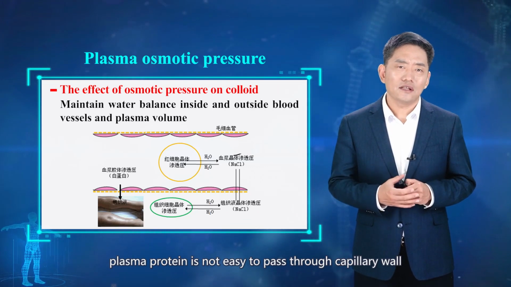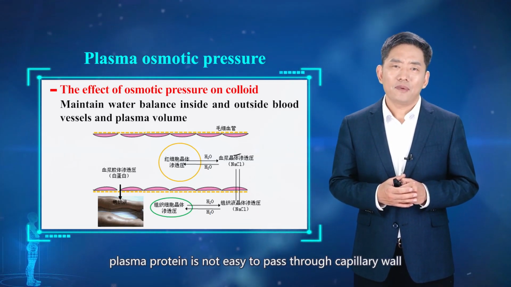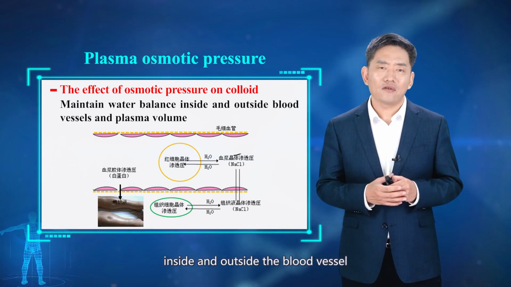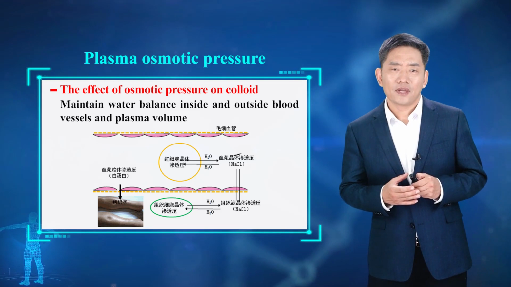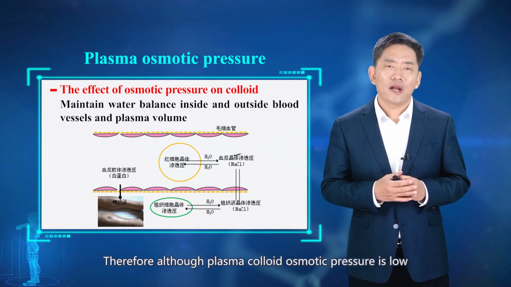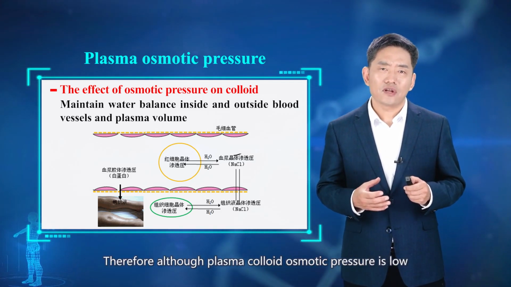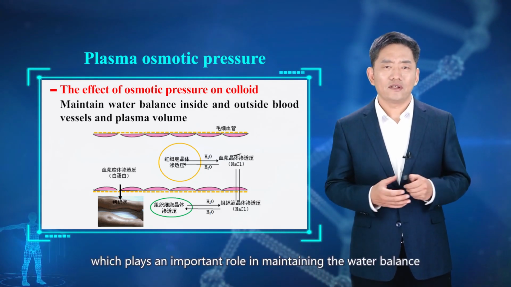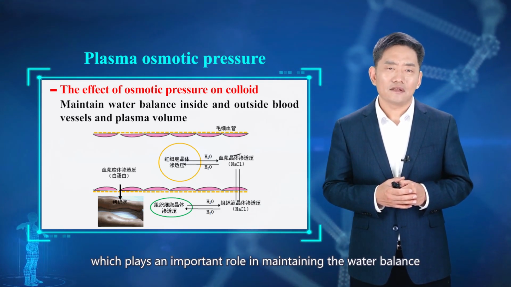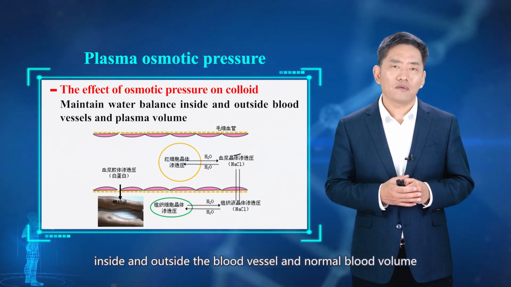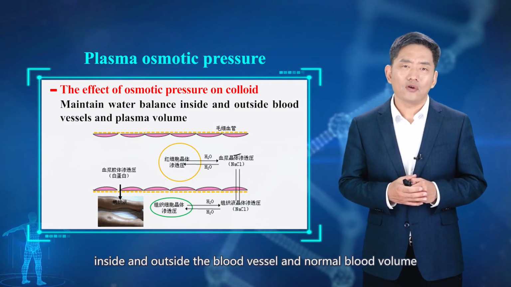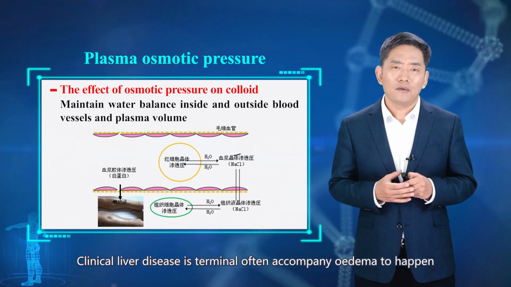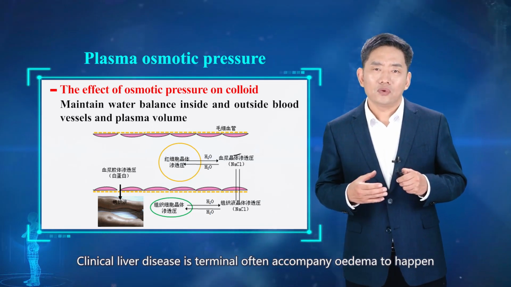Plasma protein does not easily pass through the capillary wall, so there is a colloidal osmotic pressure difference inside and outside the blood vessel. Therefore, although plasma colloidal osmotic pressure is low, it can retain water in the blood vessel, which plays an important role in maintaining the water balance inside and outside the blood vessel and the normal blood volume. Clinically, in end-stage liver disease, edema often occurs.